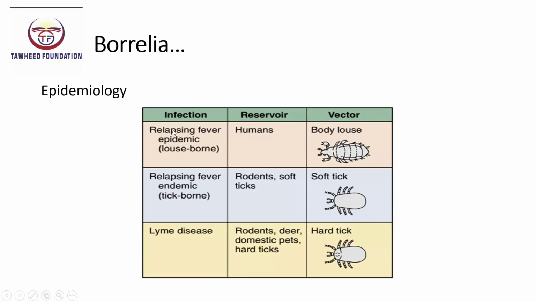So the reservoir for louse-borne is human and the vector is body louse, and for tick-borne, rodents and soft ticks act as a reservoir, and the vector is soft tick. For Lyme disease, reservoirs include rodents, deer, and domestic pets, and the vector is hard tick. So this table explains the infection, reservoir, and vector of these Borrelia diseases.